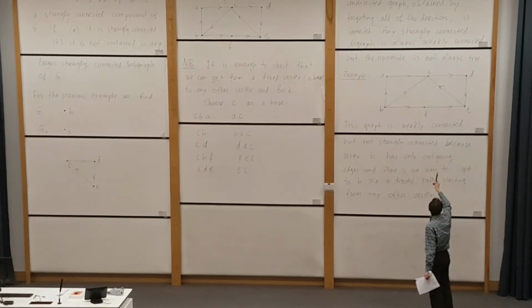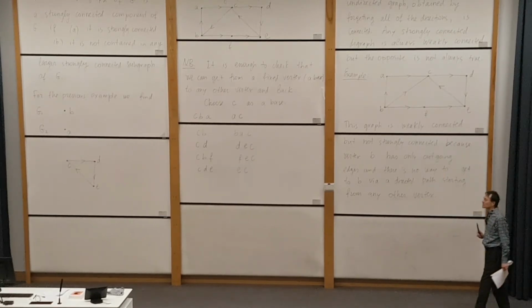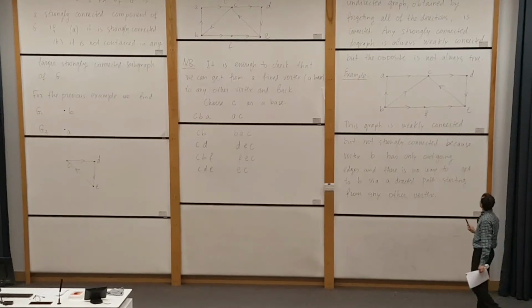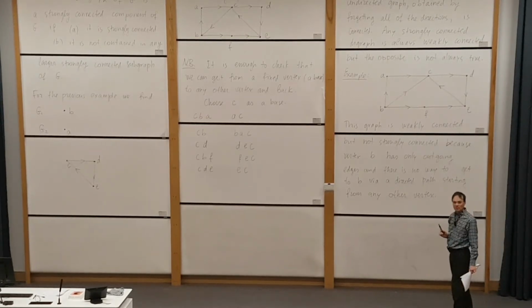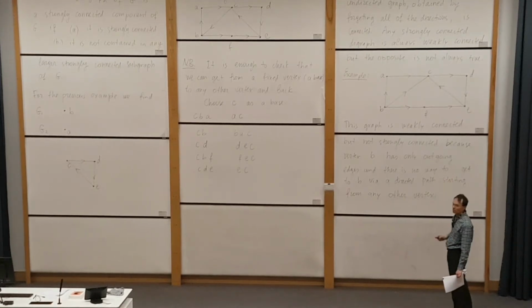What about F? I can travel from F to the cycle, and therefore I can visit from F any of those three vertices in the cycle, but I cannot get to F because the only incoming edge to F comes from B, and there is no way to get to B, right?